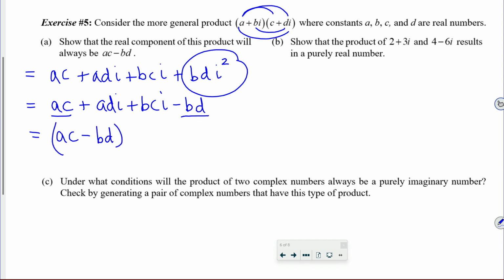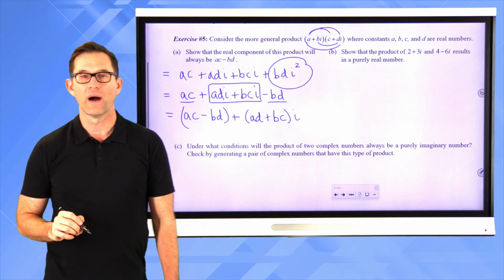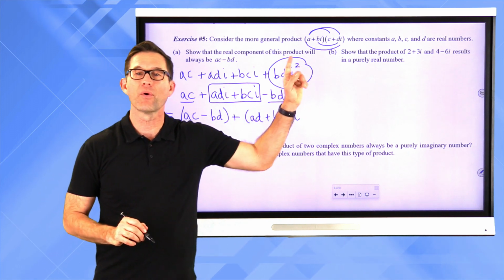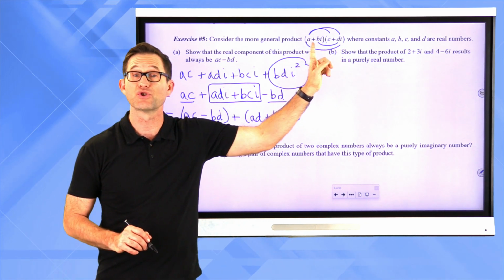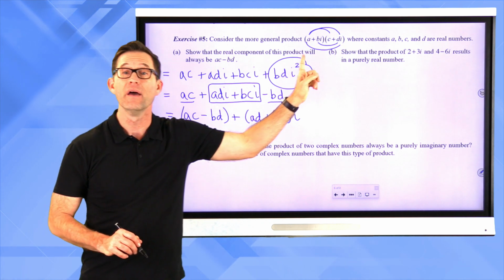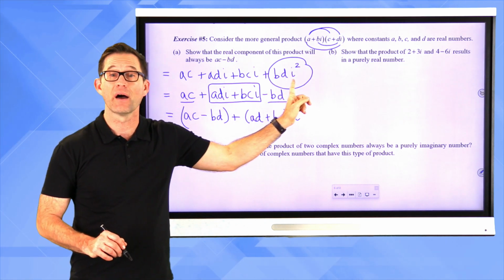put that in parentheses. And now here are the two components that have got an i in them. So I'm going to factor that i out as a times d plus b times c times i. Wow. And again, my apologies here. When I FOILed this out, I made a mistake on the L term, literally the last term, which should have been bi times di, giving me b times d times i squared.